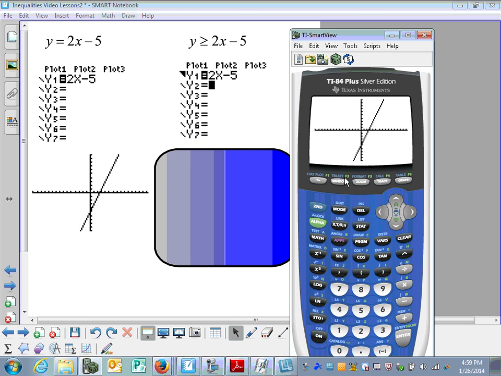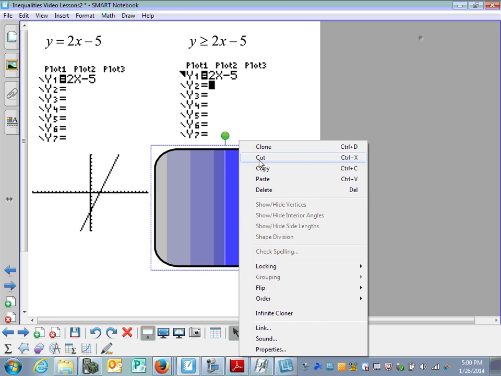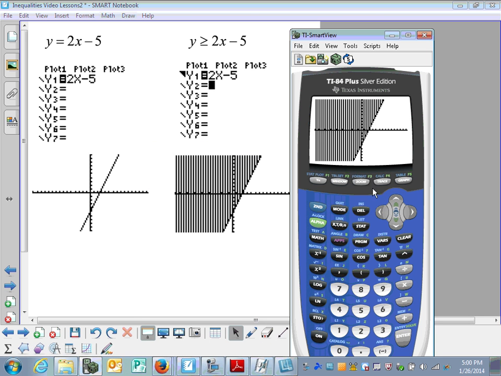This region will be shaded. So I need to go into my y equals and toggle over until I find this triangle that's above the line. That's my greater than sign. And then I hit graph. And the region above the line is shaded.